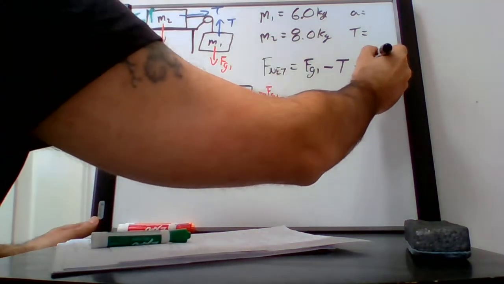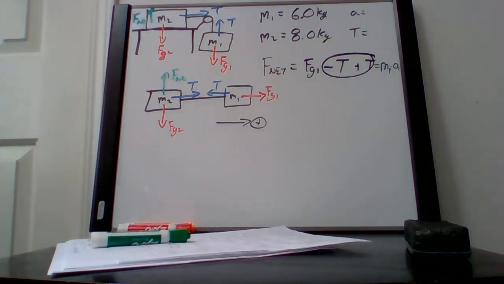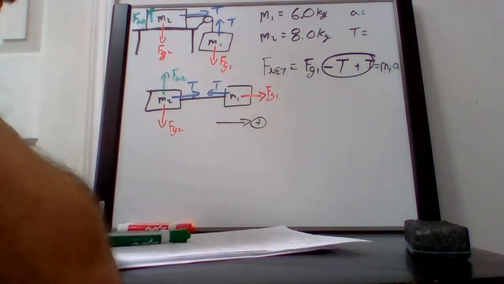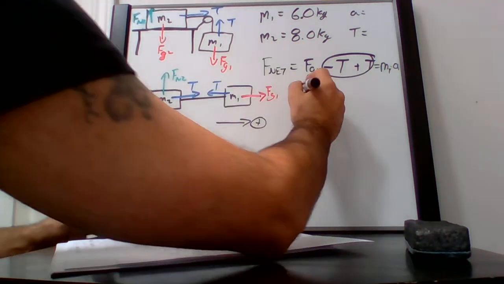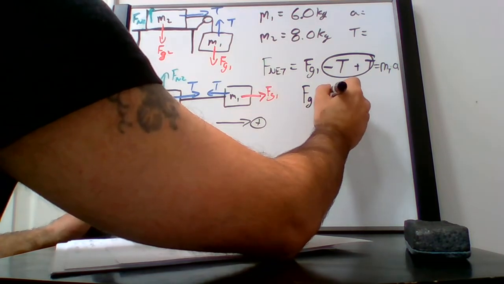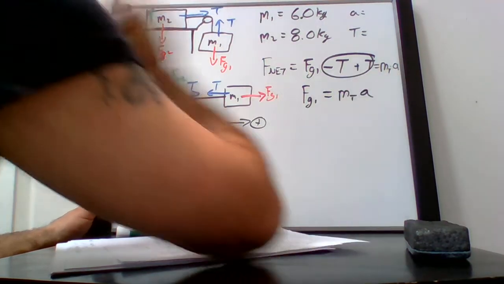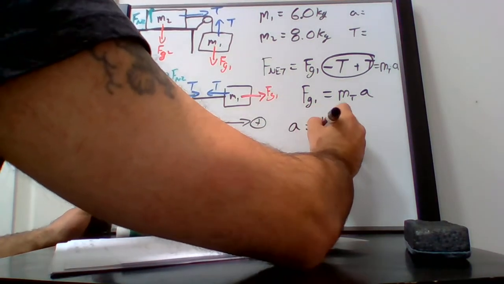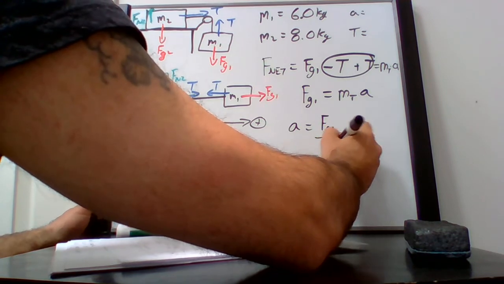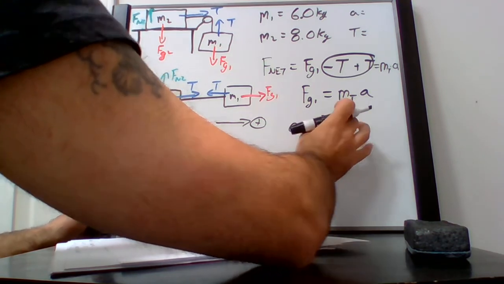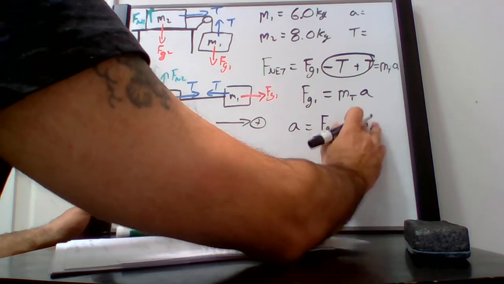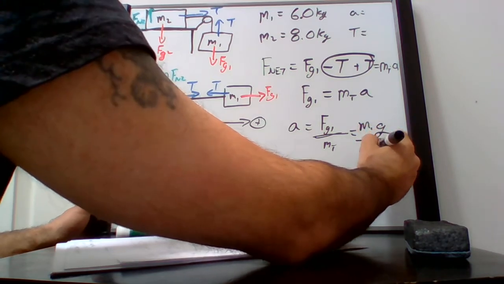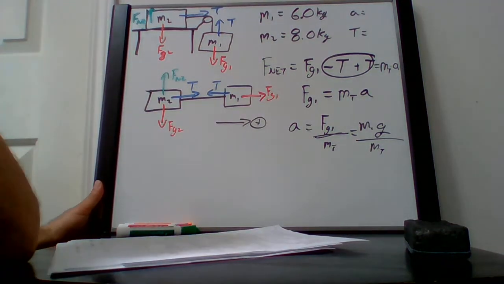Okay, and equal in opposite directions on my tension, so those cancel out. So when I go to figure out my acceleration here, I'm really looking at Fg1 is equal to m total times acceleration. Or acceleration is Fg1 divided by my total mass, and my Fg1 is m1 g divided by my total mass. Okay.